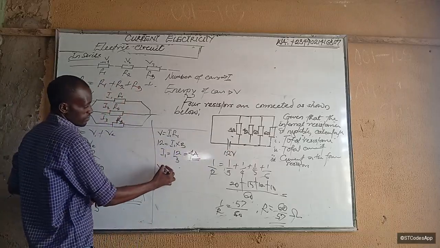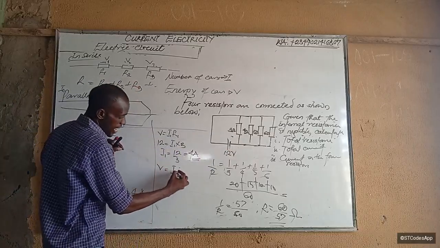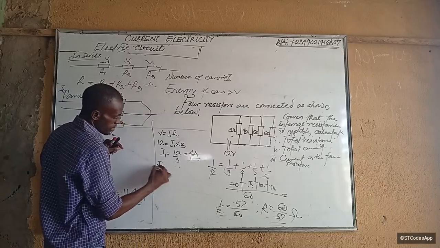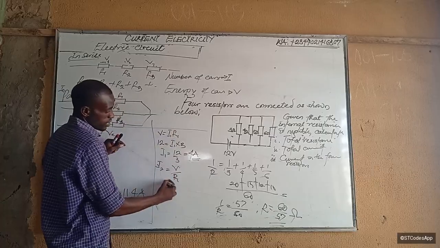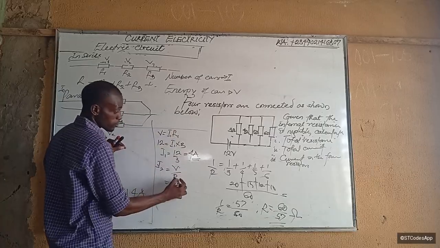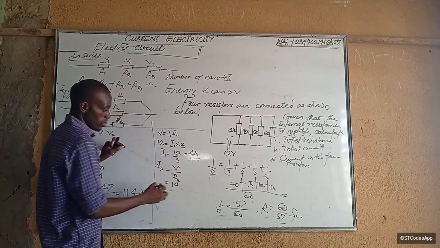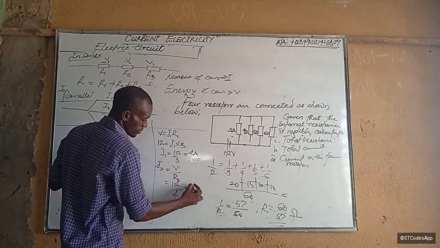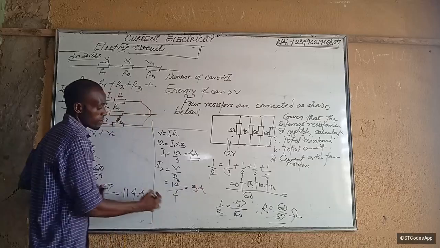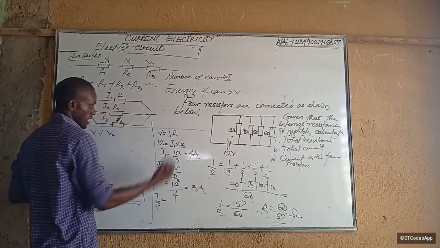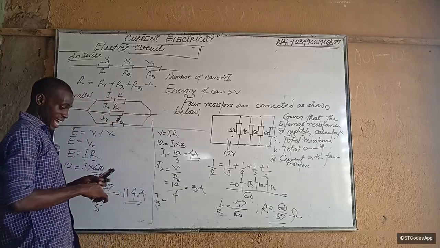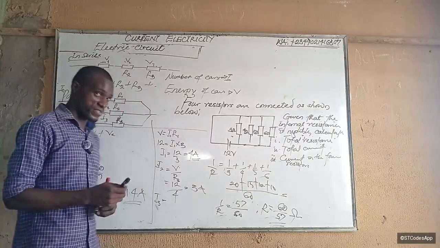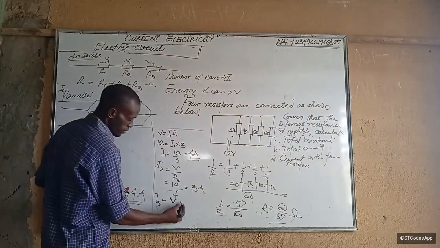For the second one, I2 will be equal to V over R2. That will be 12 over 4, which is 3 amperes. For I3, the current through the third resistor, keeping in mind that I said before that current will be different for a parallel connection, it is V over R3.